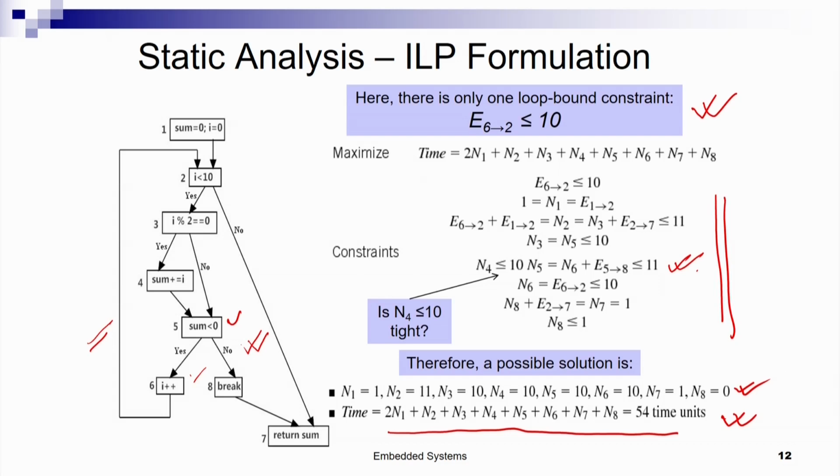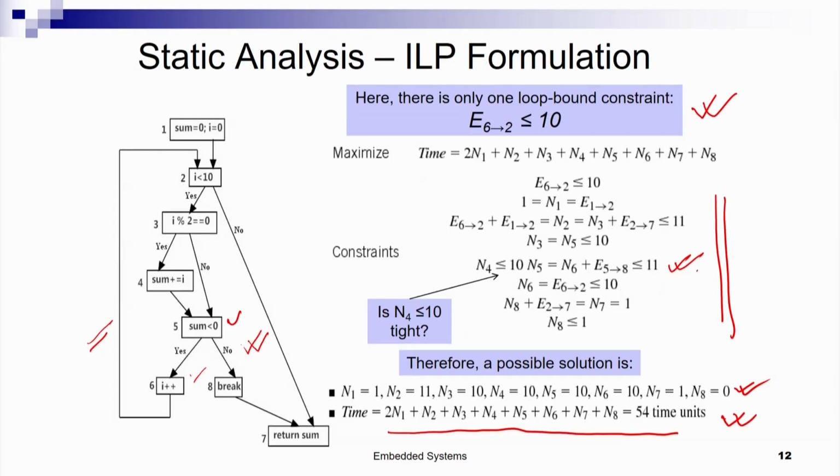However, the tighter the bounds, the tighter will be the estimation of the maximum. So, the lower the maximum becomes, the tighter the constraints that we put. Now, how can we get such tighter constraints? By infeasible path determination. Are there paths which are infeasible? For example, whenever I is less than 10, you come here to this one. However, we have I percentage 2 equals 0.